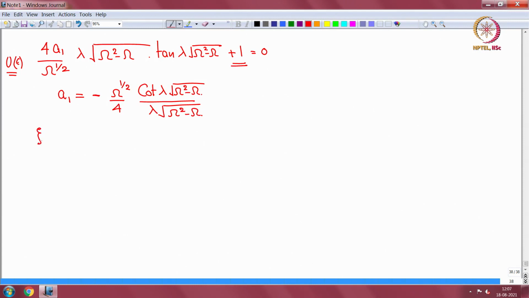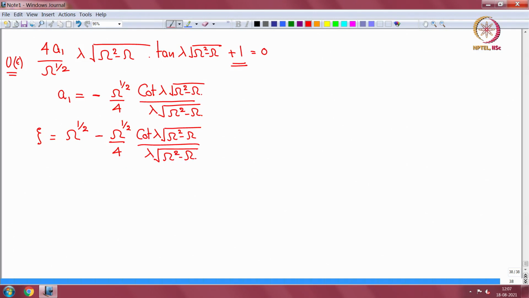Xi, original value half, A1 is minus omega to the power half by 4, cot of lambda square root of omega square minus omega by lambda square root of omega square minus omega. Cot is an oscillatory function, caused by sine.